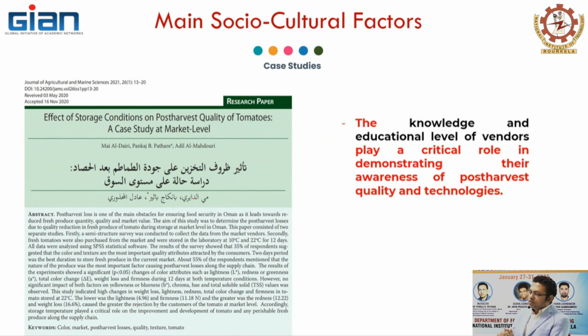And vendors sometimes are not able to sell all the fruits and vegetables they bring the same day. They need to keep them for a longer period, and if not properly handled, the next day they may go directly to landfill. So the key message is that their knowledge about post-harvest practices and their educational background is helping them maintain the product.